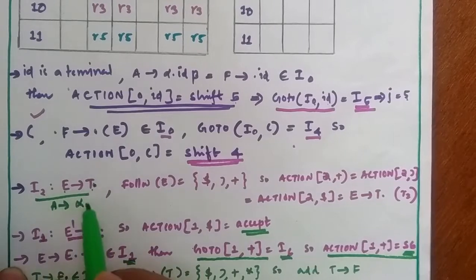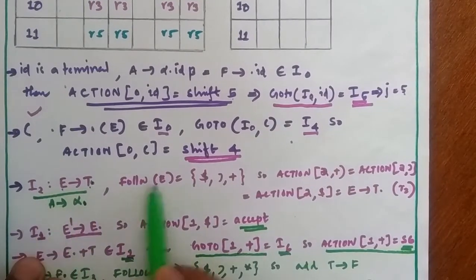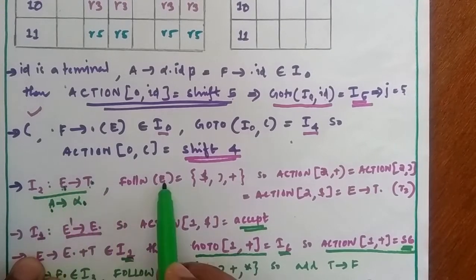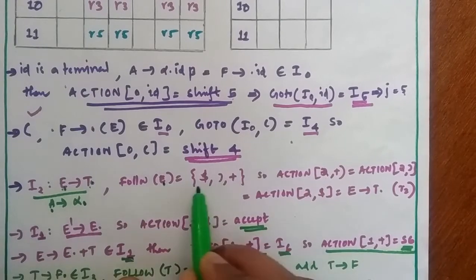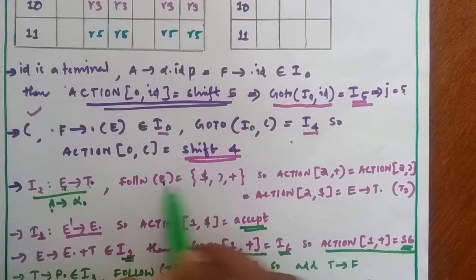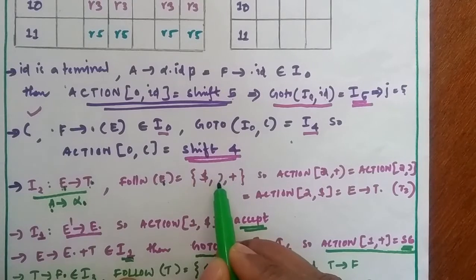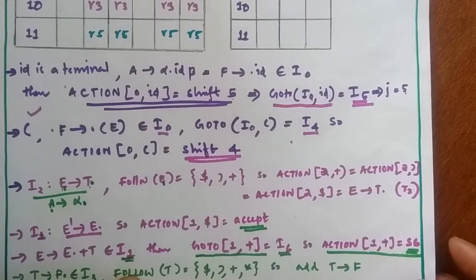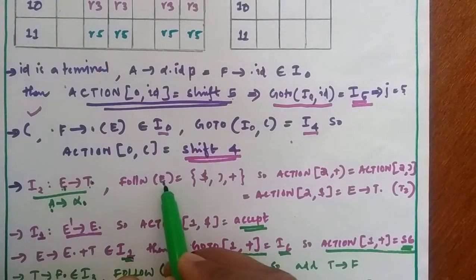So we need to compute follow of E. That means follow of A, which is follow of E. This is already computed. Follow of E is equal to dollar, right bracket and plus. So by properly applying the follow algorithm, you can compute the follow set, which includes 3 symbols.